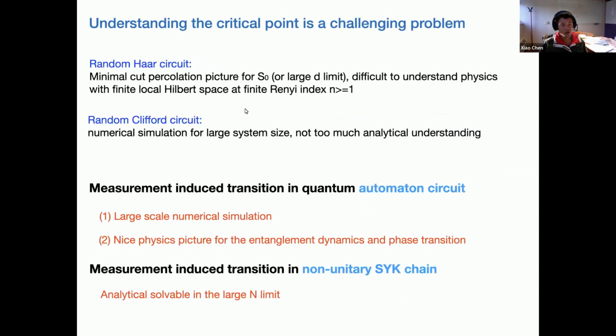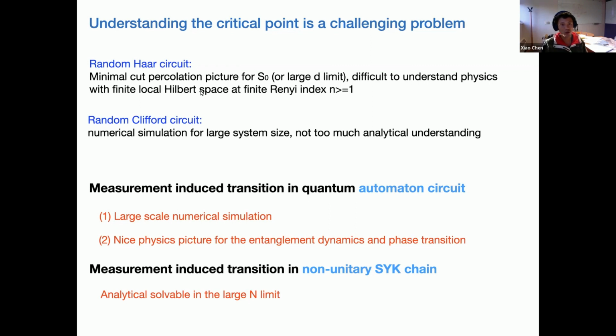So in summary, I consider two types of hybrid circuit. One is a Clifford circuit, one is a Haar random circuit. So we have this minimum cut picture. This minimum cut picture only works for S0 or some large D limit. D is the dimension of the local qubit space, and it's difficult to generalize the picture to Renyi index n larger or equal to 1.